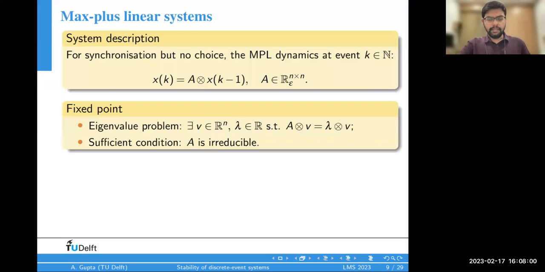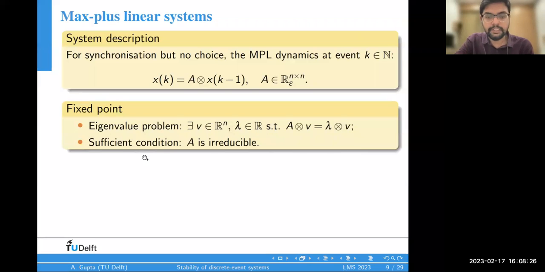Again, the fixed point here is the max plus eigenvalue problem. So we say that the eigenvectors V here satisfy this max plus eigenvalue problem, and if such a max plus eigenvector exists, then the system will have certain stability properties.